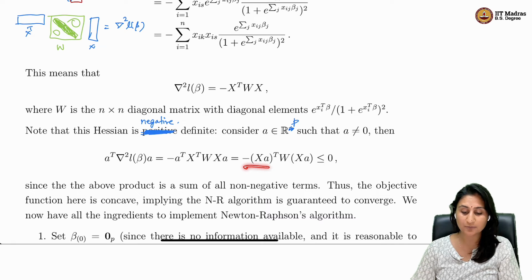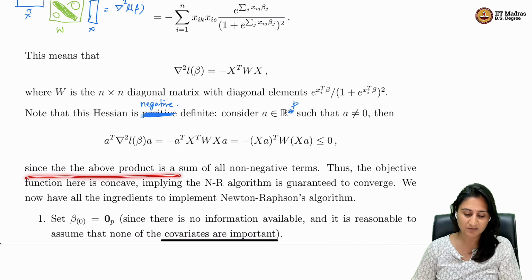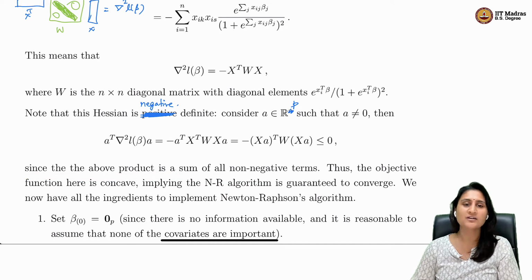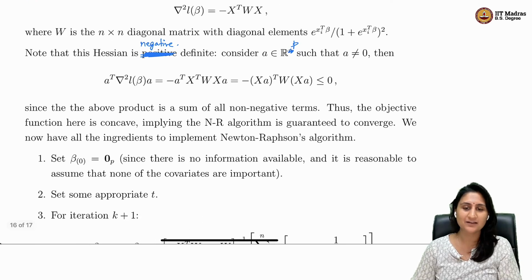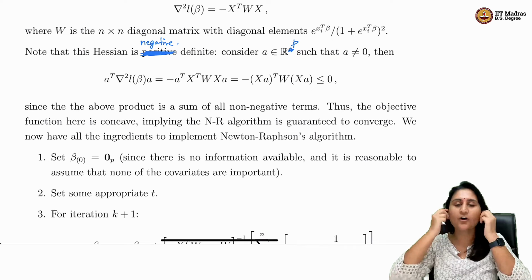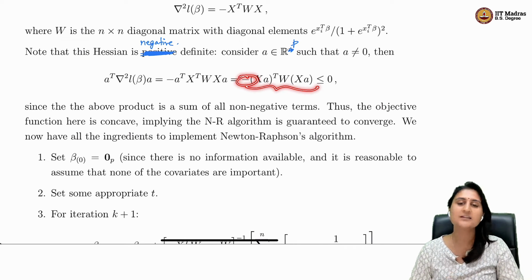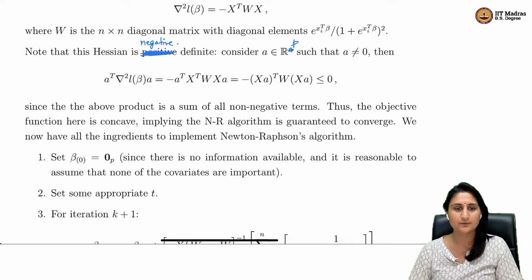And this is a scalar quantity, which means that this is definitely less than equal to 0, since the above product is a sum of all non-negative terms. Which means this part has to be greater than equal to 0, with the negative outside has to be less than equal to 0.